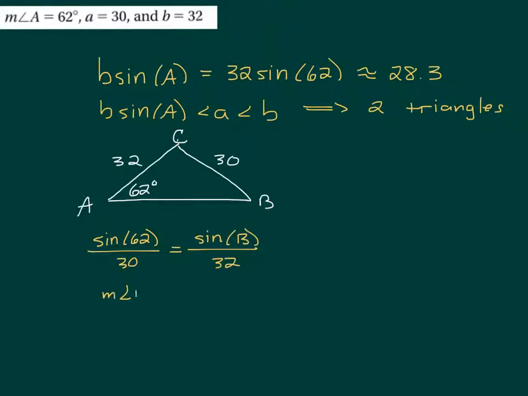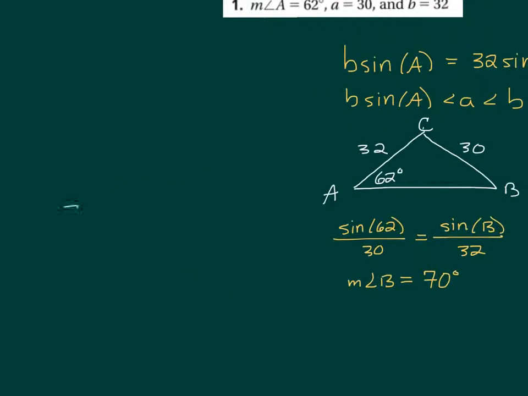So what is the measure of angle B? Rounded to the nearest degree, that is 70 degrees. That's 32 sine 62 over 30 equals the sine of B. So the measure of angle B is the inverse sine of this, which rounded to the nearest degree is 70.